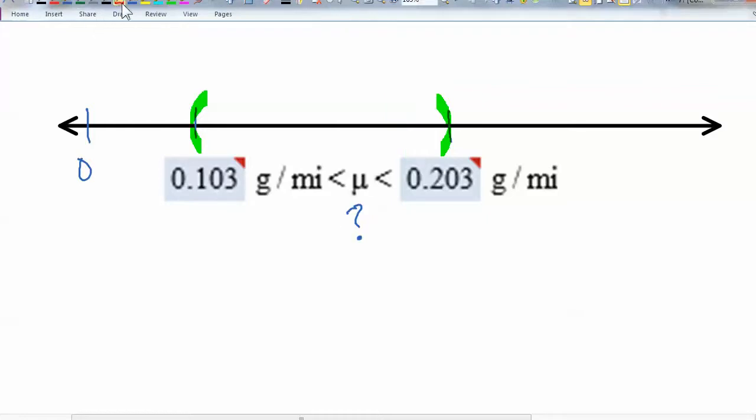Okay, let's look at that benchmark that they gave us. The benchmark was 165 thousandths. Okay, I'm not too great at this, but I bet that right here is about a 15. So 165 might be about right here.